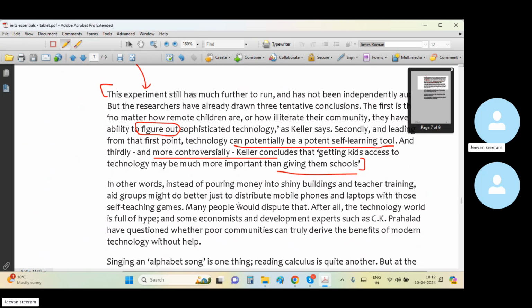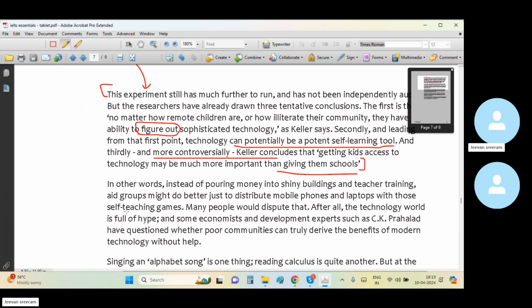So there is another one why current education system is a bit wrongly directing, wrongly guiding. Instead of pouring money into shiny buildings and teacher training, aid groups might do better just to distribute mobile phones and laptops with those self-teaching games.